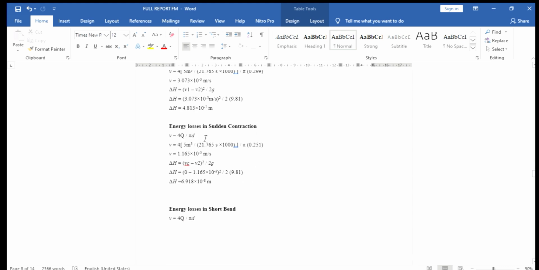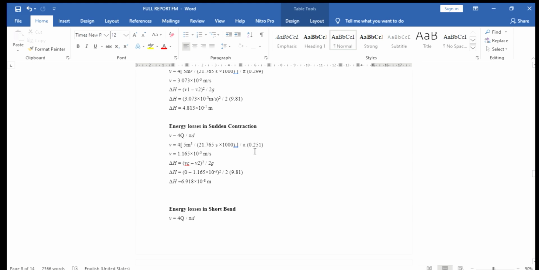Next, we will find the energy losses in sudden contraction. We must find the flow rate, and the flow rate for this test is the same. Then we put the flow rate inside the formula for velocity, V equals 4Q over pi d squared, so the value is 4 times flow rate per pi diameter squared.